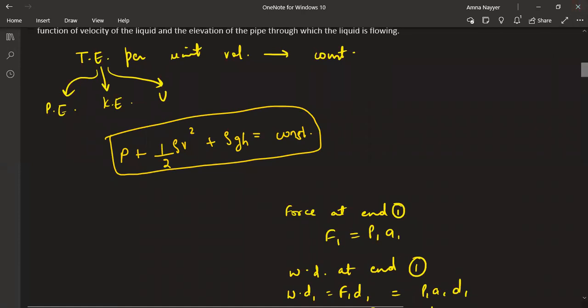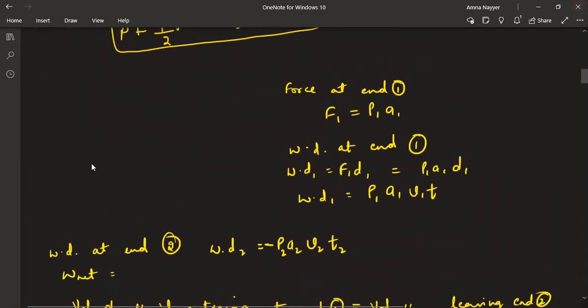This is what your energy is. Now coming to the derivation part. In the derivation, I am taking a random shaped pipe. This is one end of it, and it extends to some random height also.